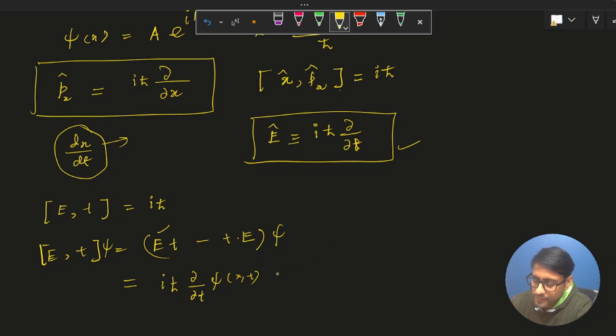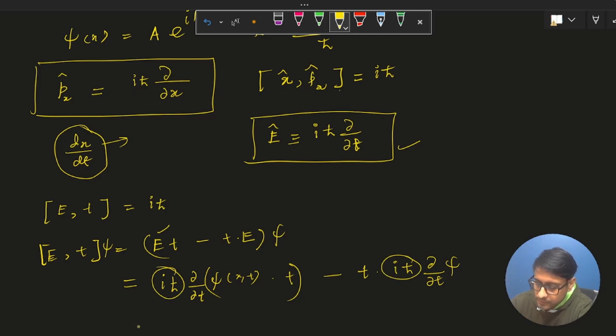Then minus t into, because E is on the left hand side, only this E is going to apply on psi, so i h bar del over del t of psi.